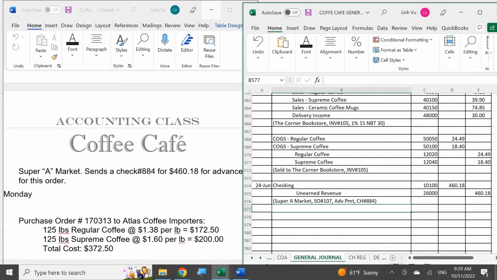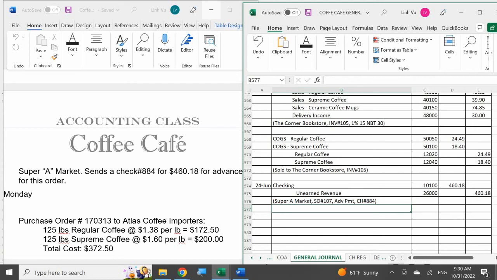Okay, look at your journal. What did I write in my journal? Okay, we wrote unearned revenue and checking. Good. We just talked about what an unearned revenue is. You haven't earned the revenue yet. In fact, you owe the service.